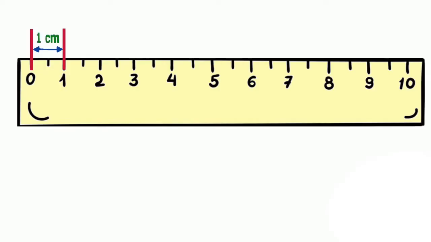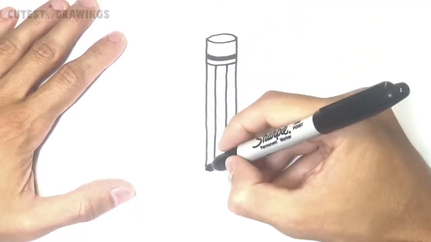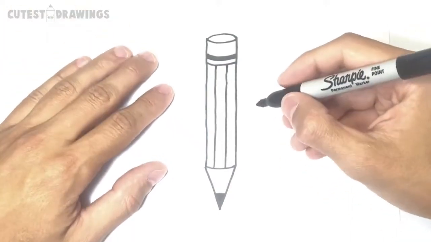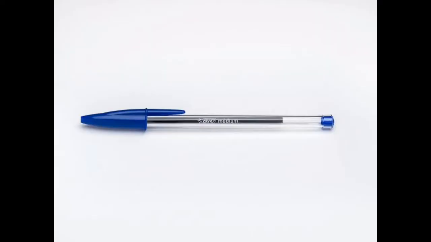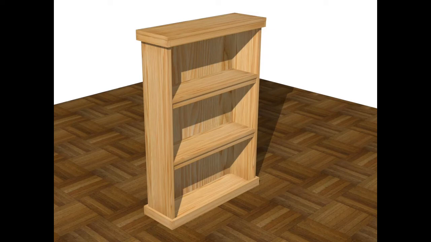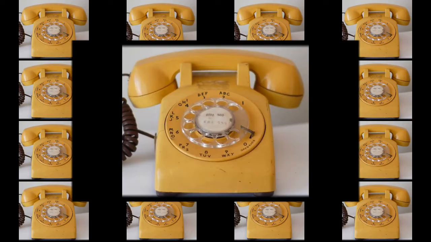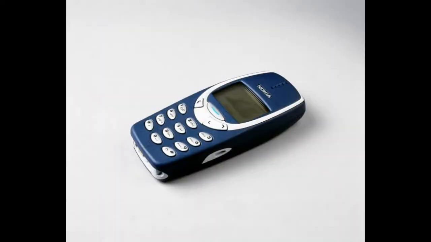A ruler is a common noun as well. A pencil, a pen, a bookcase, a phone, a mobile phone.